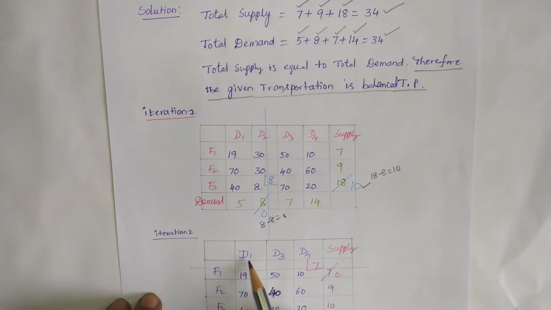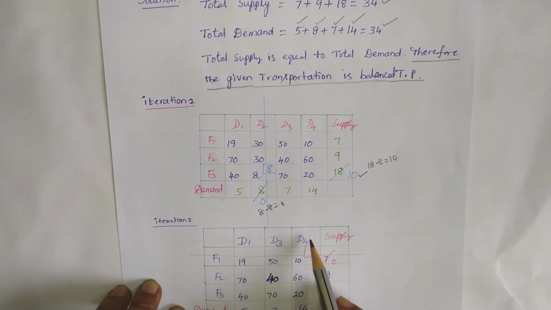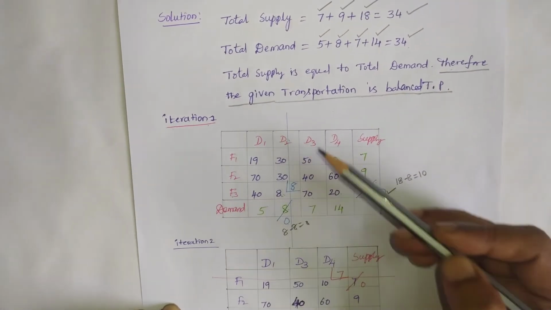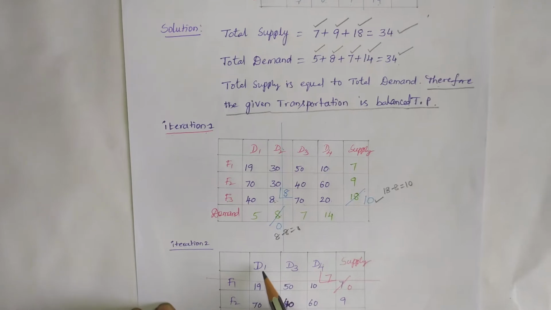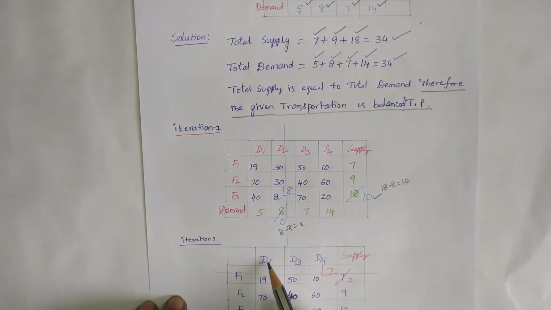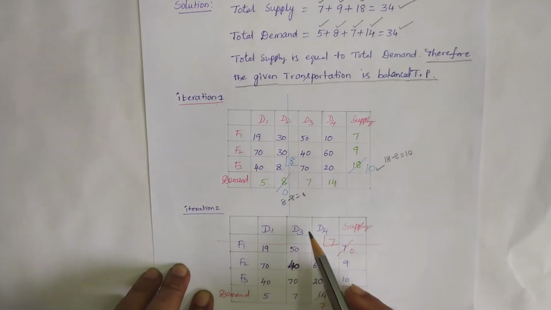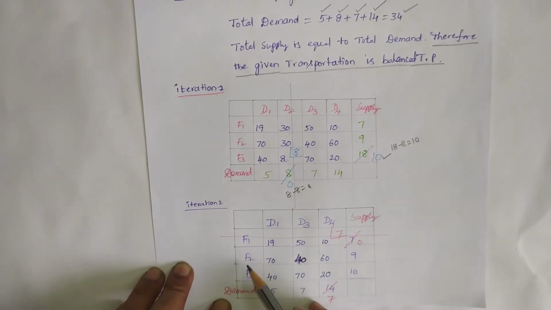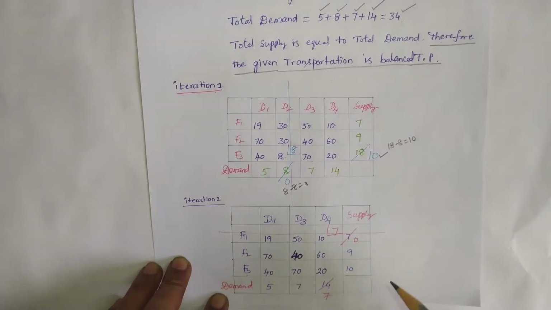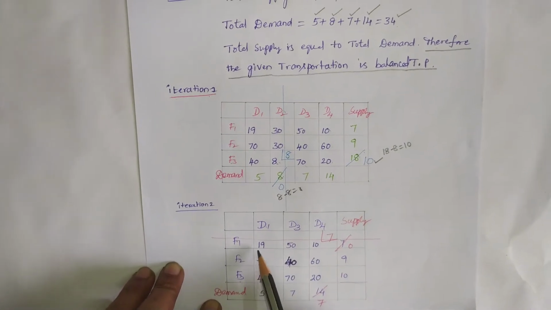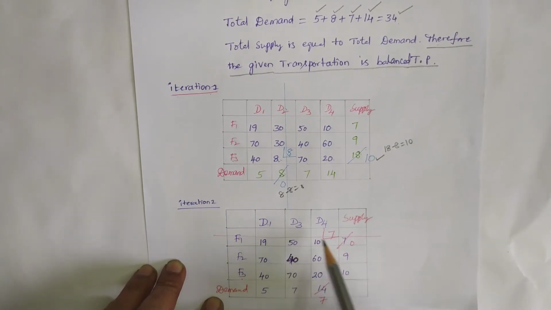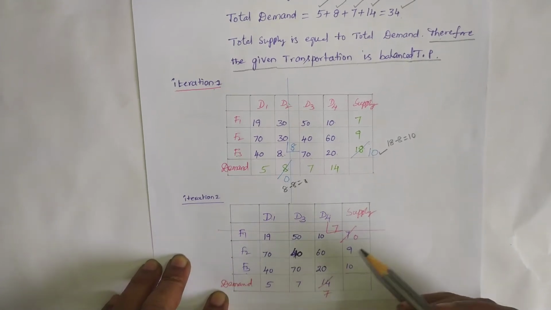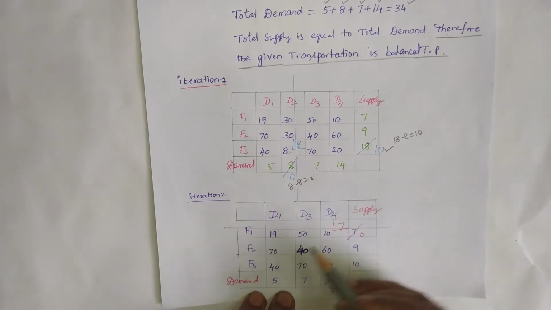Iteration 2. D2 is deleted, so only three destinations are available: D1, D3, D4, and F1, F2, F3. Once again, among all the cells, we have to identify the least cost cell.